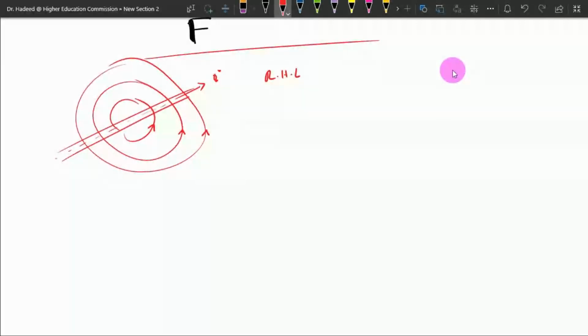So, the first important point in understanding the role of magnetics is that any current carrying conductor produces a magnetic field around it, right?